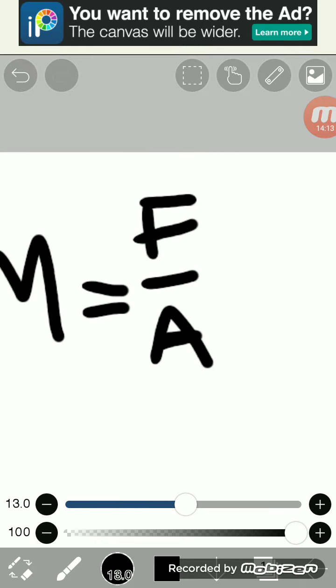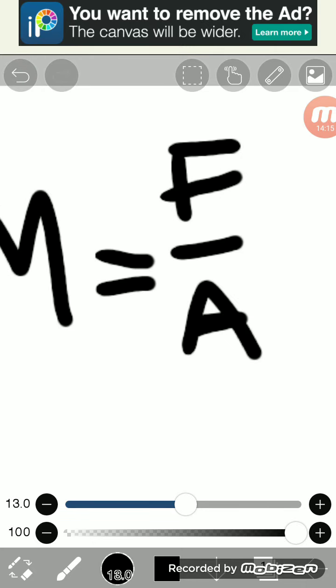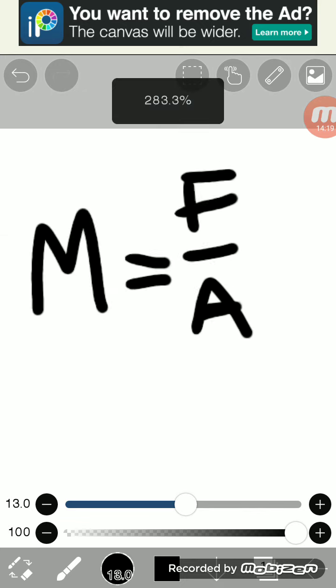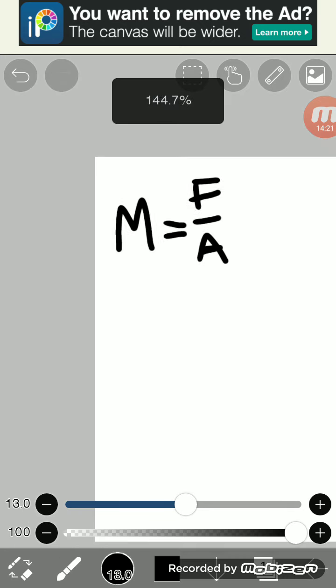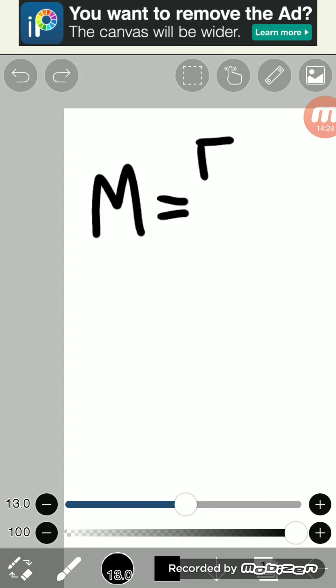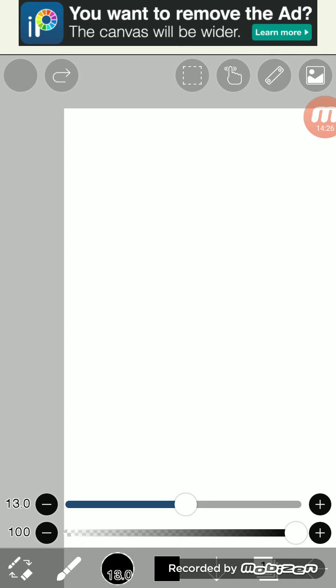So mass equals force divided by acceleration. I'm going to show you another version of this.